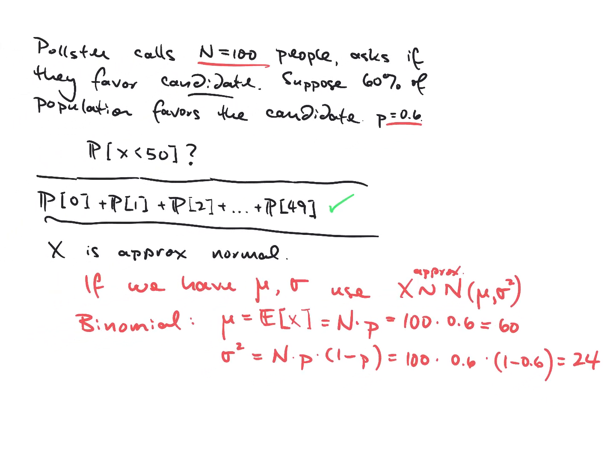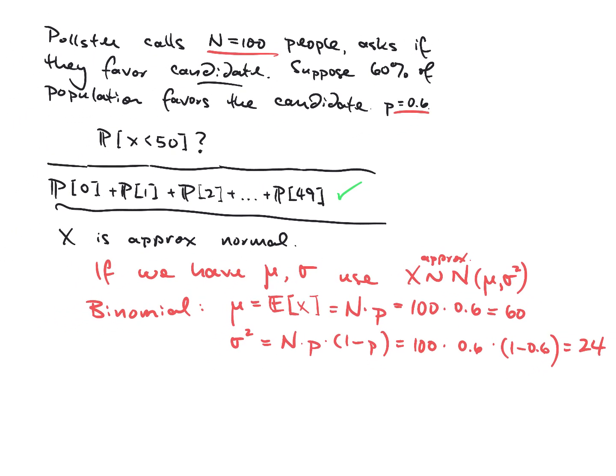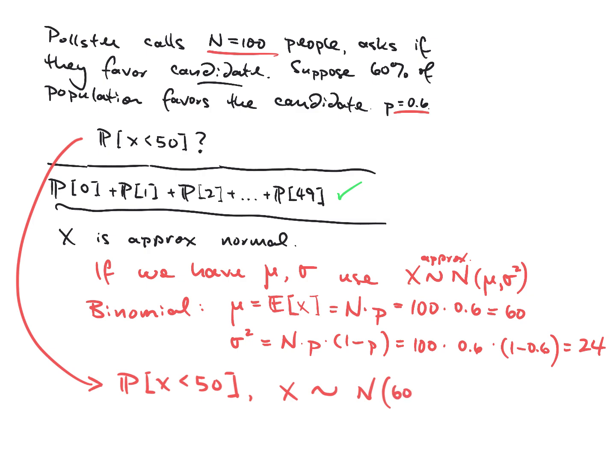So now, this question, what is the probability that x is less than 50? We can ask for the normal distribution: what's the probability that x is less than 50 when x is distributed approximately normally with a mean of 60 and variance of 24?